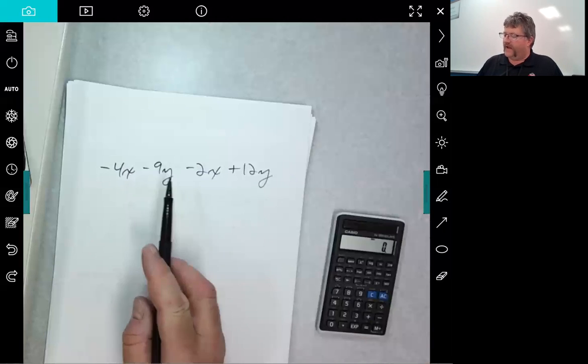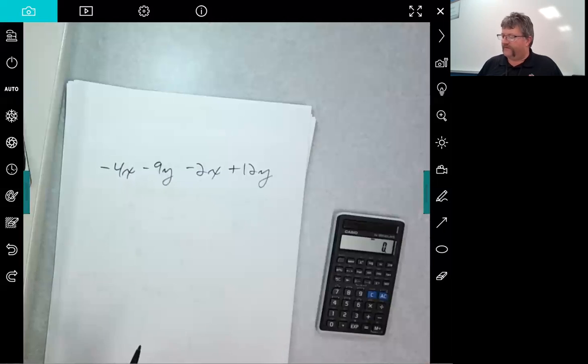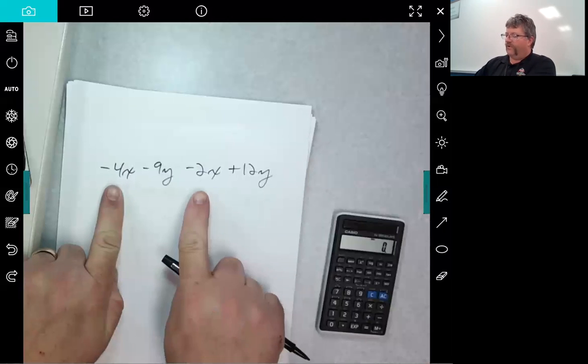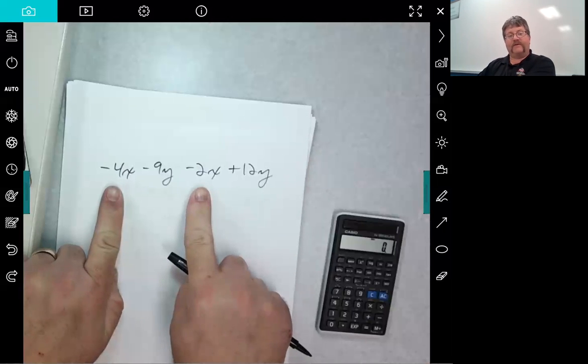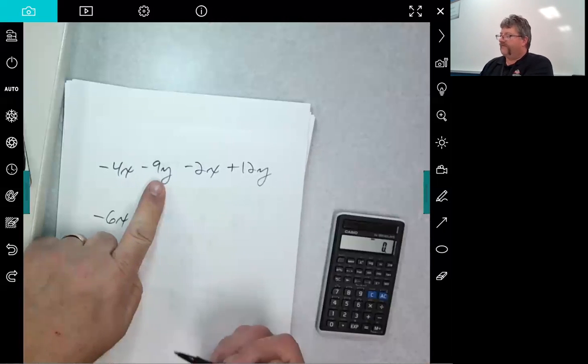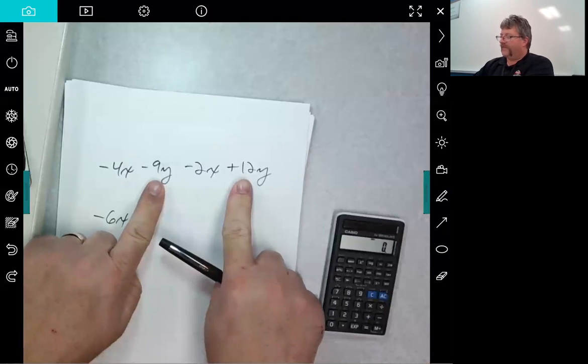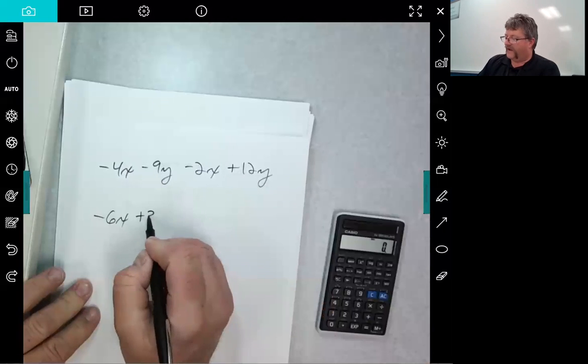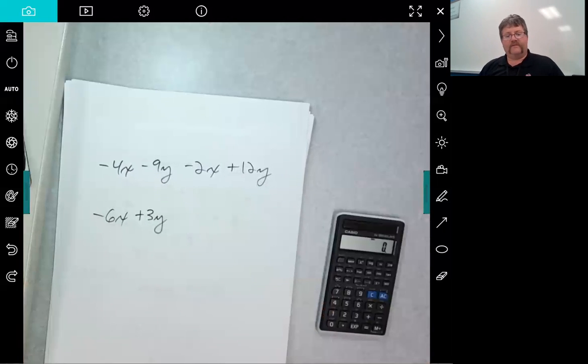And that's a negative 9 and a negative 2. I'm not going to physically show it as plus negative 9 and plus negative 2. That's just the way I see it. It's a negative 4x and a negative 2x that I'm going to put together to give me a negative 6x. And it's a negative 9y and a positive 12y that I'm going to put together and give myself a positive 3y. Done.